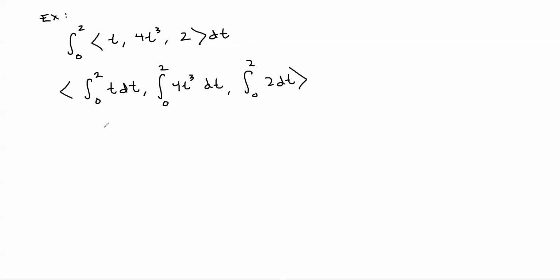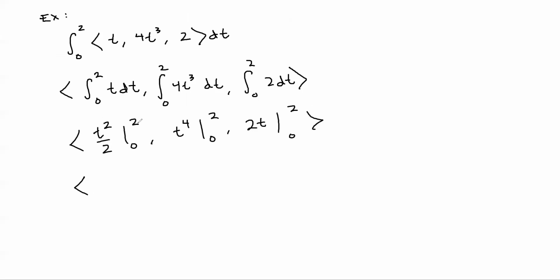All right, so our antiderivative here is t squared over 2. Our antiderivative here is t to the 4th. Our antiderivative here, 2t. And we end up with 4 over 2 minus 0 over 2, so that's going to be 2. 16 minus 0, 4 minus 0. And that's how it works.